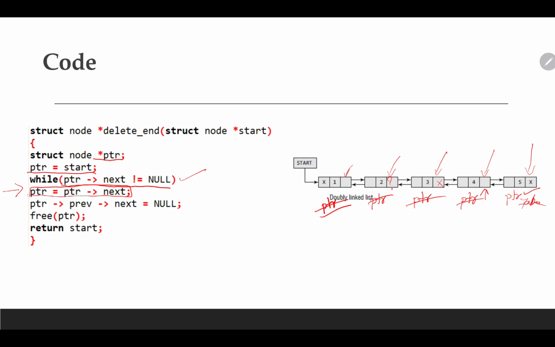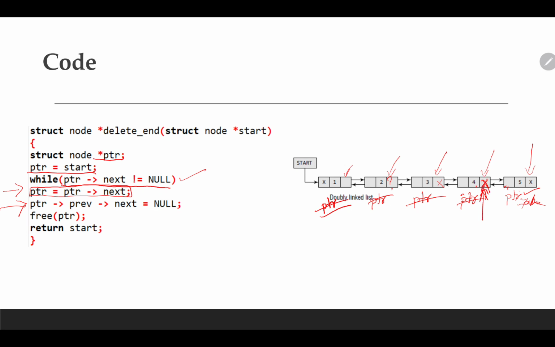So what we have to do? We have to come out of the loop and execute the statement, that is PTR to previous. This is the PTR node and this is the previous node. This previous node's next part becomes null. This is the PTR node, and this node's previous is this particular part.